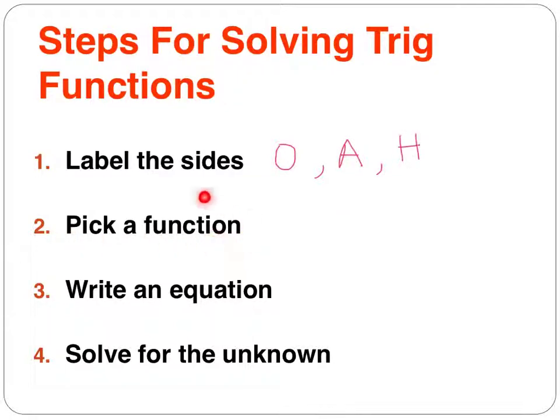Our next step is to pick a function. So we will pick the function sine or cosine or tangent. Number 3 is to write our equation. And last is to solve the equation to find the unknown.